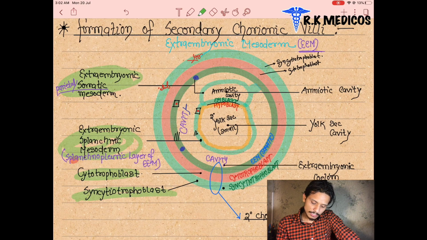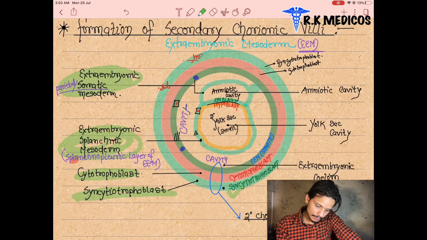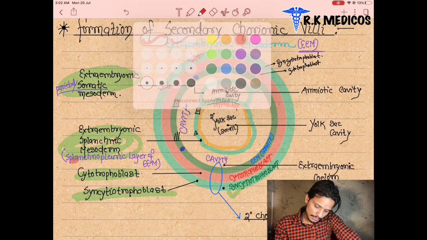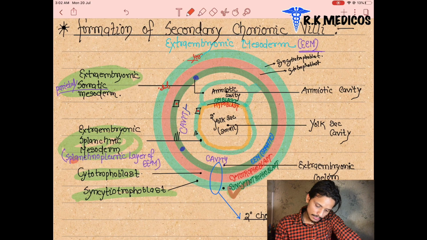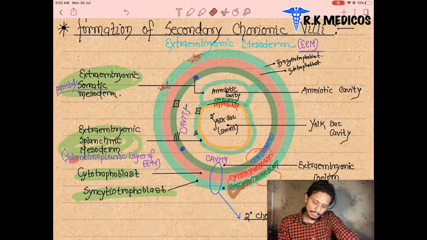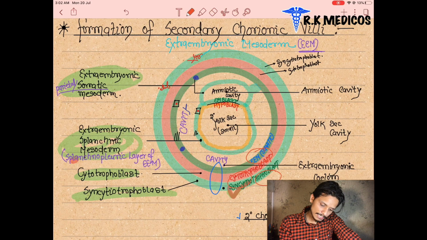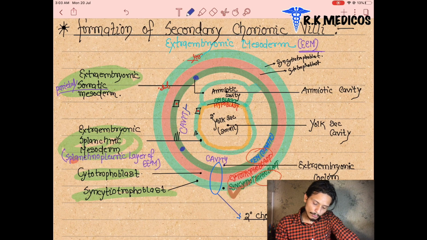And now just imagine the syncytiotrophoblast and the extra embryonic mesoderm from outside, that is the somatic or parietal layer. These all three together are called secondary chorionic villi.